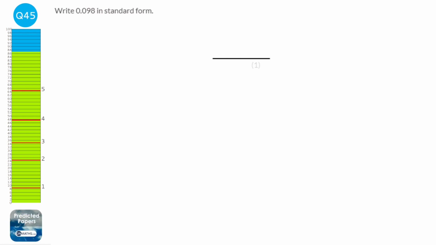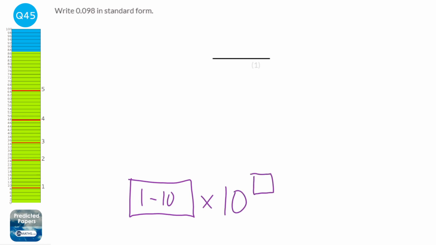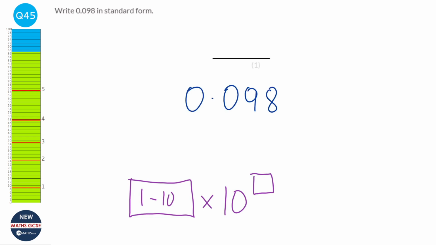So we've got to first of all understand what standard form is, and standard form is a number that is between 1 and 10, but not including 10, times 10 to the power of another number. So to find out what the number is going to be for our standard form, we're going to just write down the decimal first, so 0.098, and we've got to put a decimal point in somewhere to make this a number between 1 and 10.